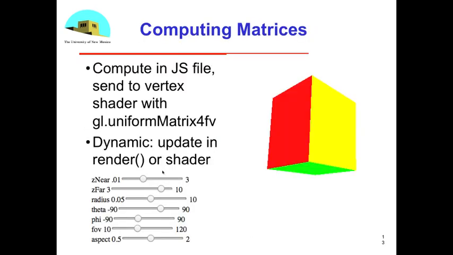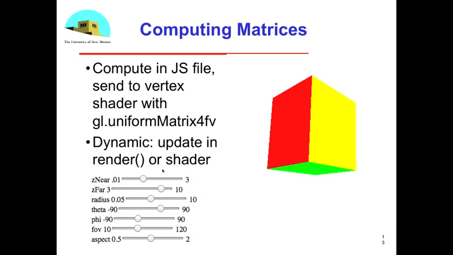Okay, now let me finish this up by looking a little bit at computing some of these matrices and using them in an application. This is from a program under chapter 5 called perspective 2, and there's also a program in there, ortho, that lets you use slide bars to manipulate a bunch of these parameters.